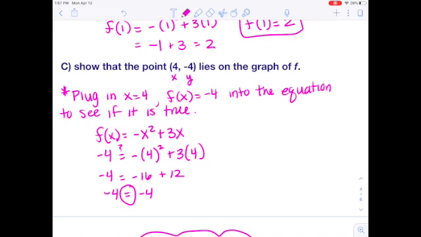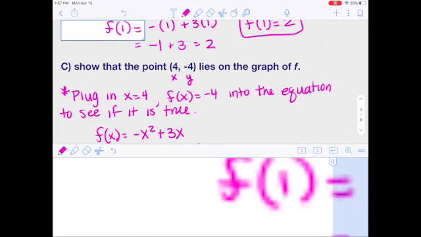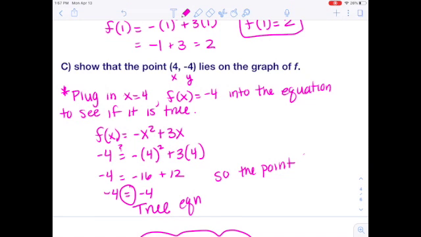So negative 4 is equal to negative 4. That is true. True equation. So we know the point (4, -4) lies on the graph. So if you found that equation to not be true, then the point does not lie on the graph.